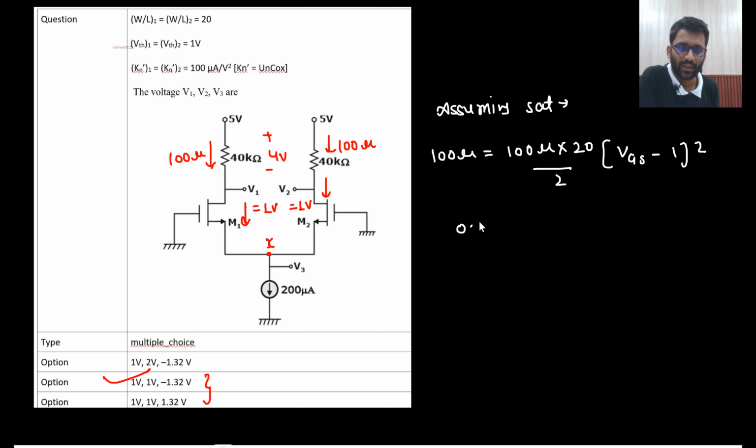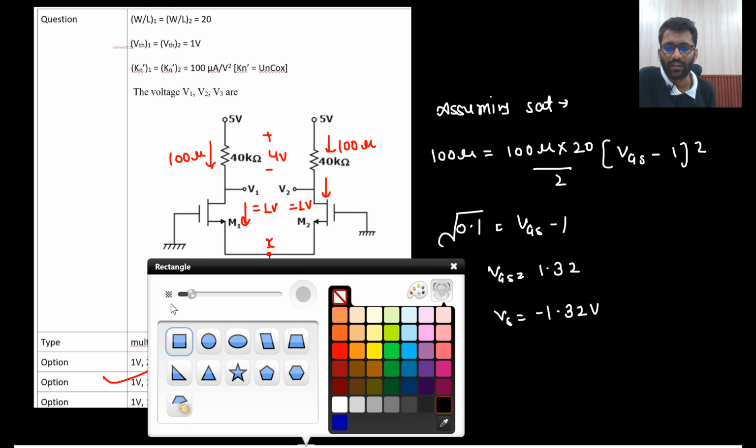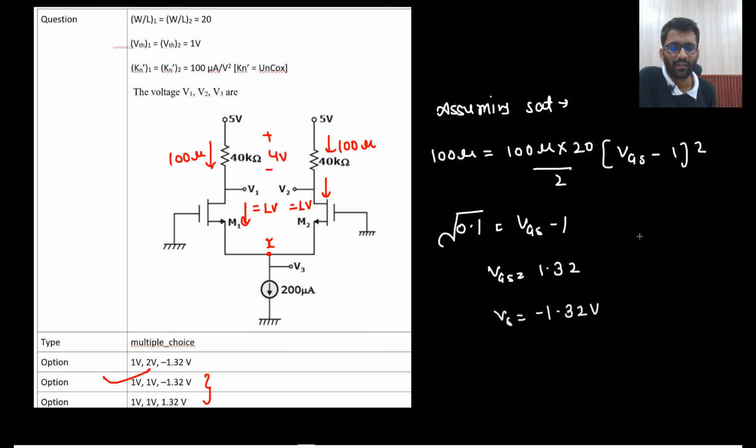So 0.1 under root is equal to VGS minus 1. So VGS is equal to 1.32 volt. Gate is at 0, so Vs is equal to minus 1.32 volt. Very straightforward, right? Okay then.